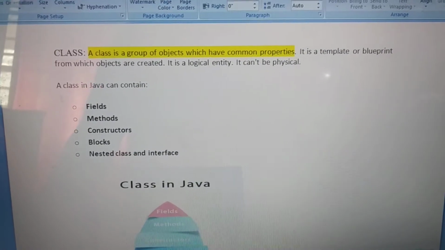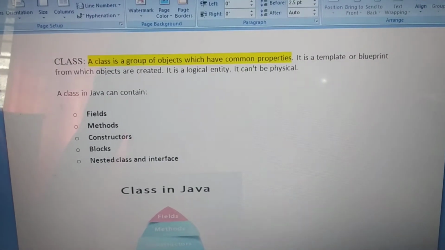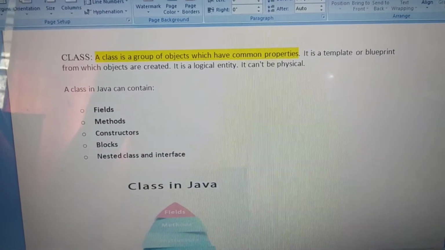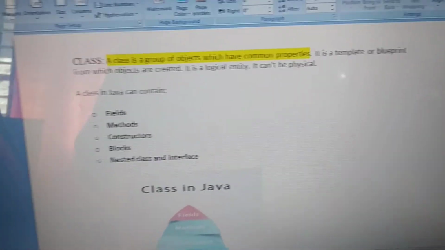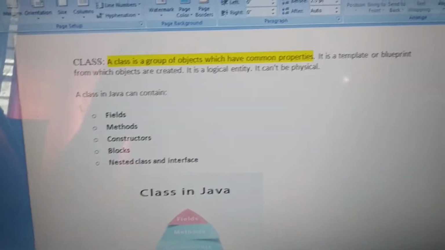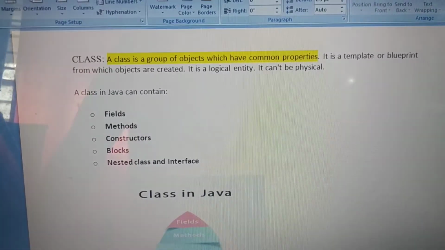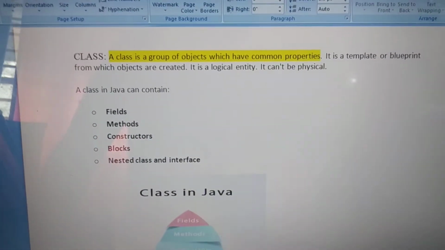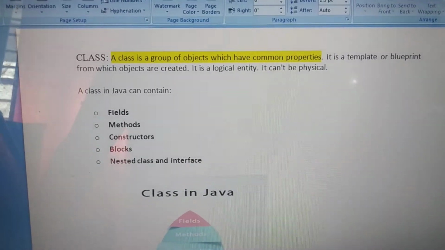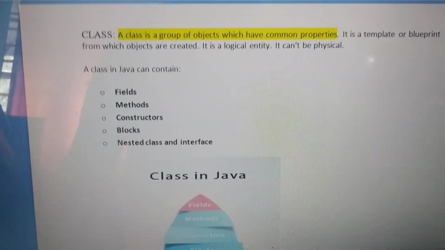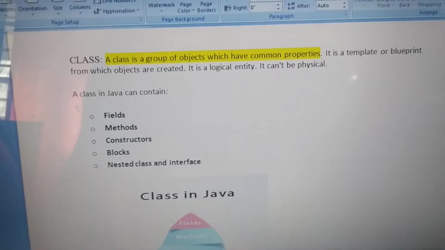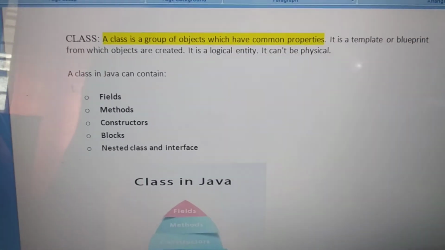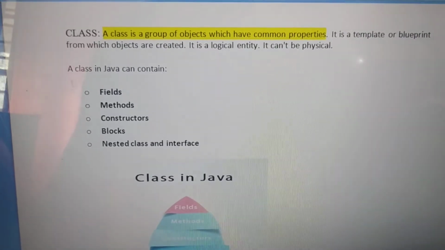Since fruits means what? It's a collection of what? Suppose if we consider fruit, then we can consider apple, mango, banana, orange, etc. They are termed as objects. If we unite all those objects, they are of a similar kind, and remember, it should not be of dissimilar kind.